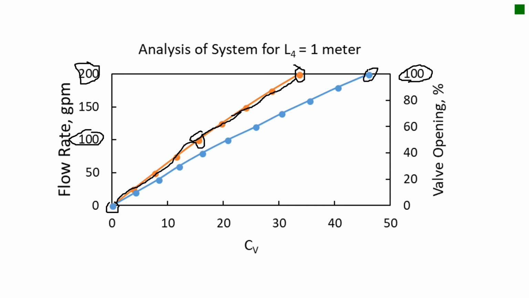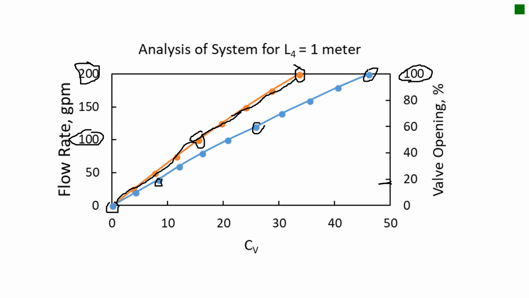At a CV value of approximately 25, it would be at about 60% opening, and at around a CV value of 10, we're somewhere below 20% opening.